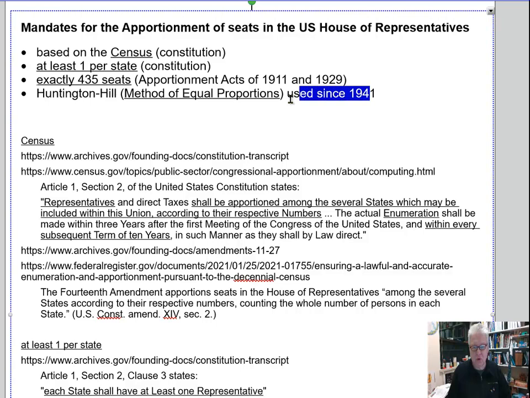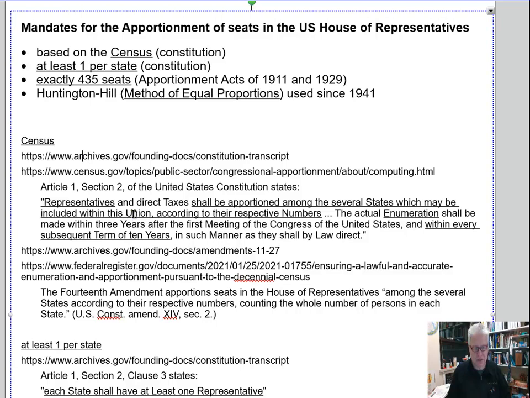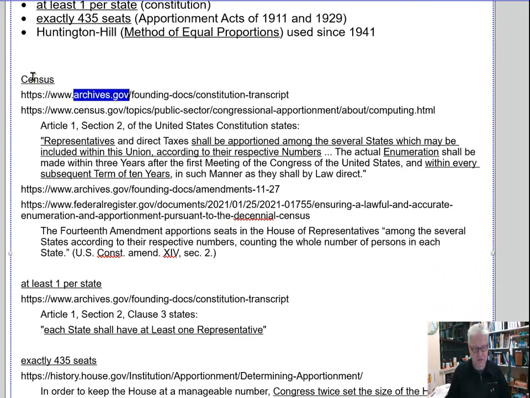And then since 1941, the method used is the method of equal proportions, or Huntington-Hill. And these are the websites where this can be looked up. Notice that I use government websites, so archives.gov for the census here.